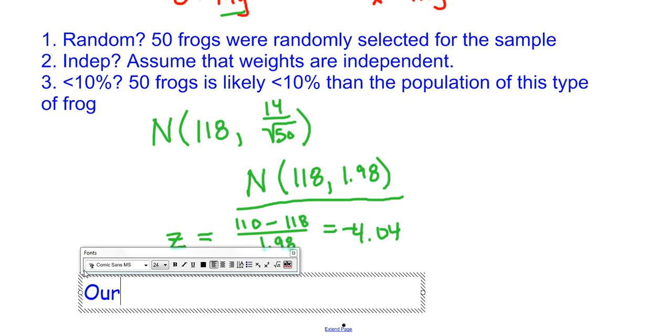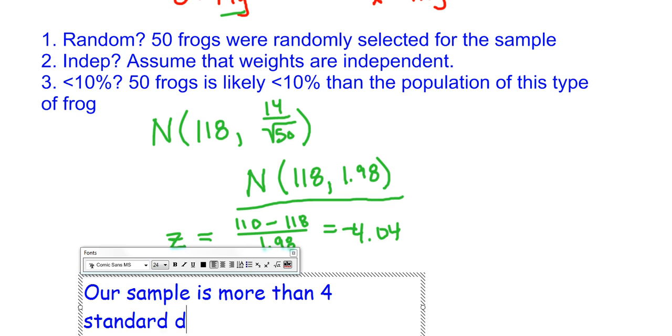So we would say something to the effect of, our sample mean is, or actually a little bit more generally, is more than 4 standard deviations away from the population mean, and it is therefore unusually low.